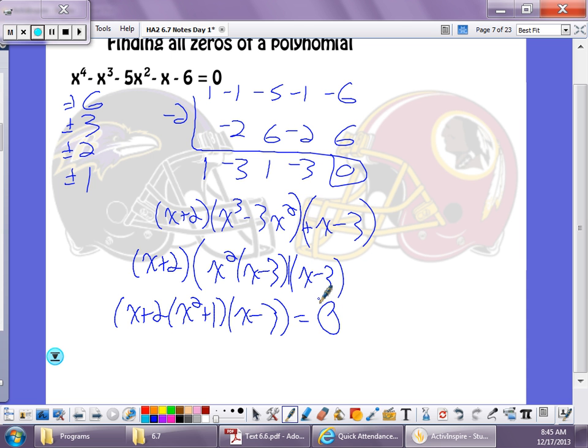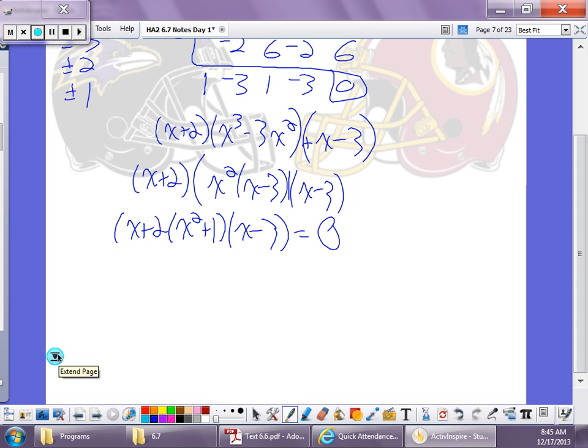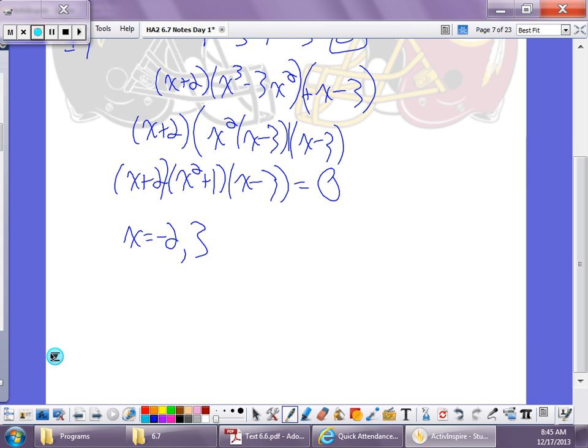So you set all 3 of these equal to 0, and you get x equals -2, 3, and then when you do this, watch carefully, you get x squared plus 1 equals 0, x squared equals -1, so square root. So x equals square root of -1 is what? i. Anytime you take a square root, it's plus or minus. That's how you get your 4 solutions.